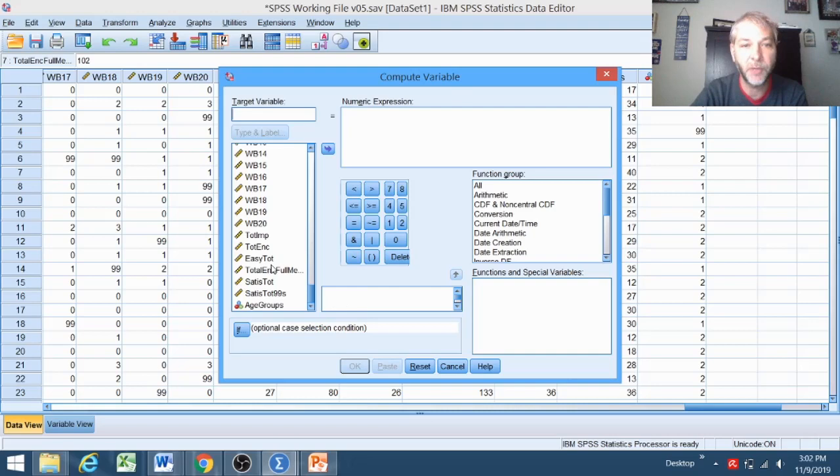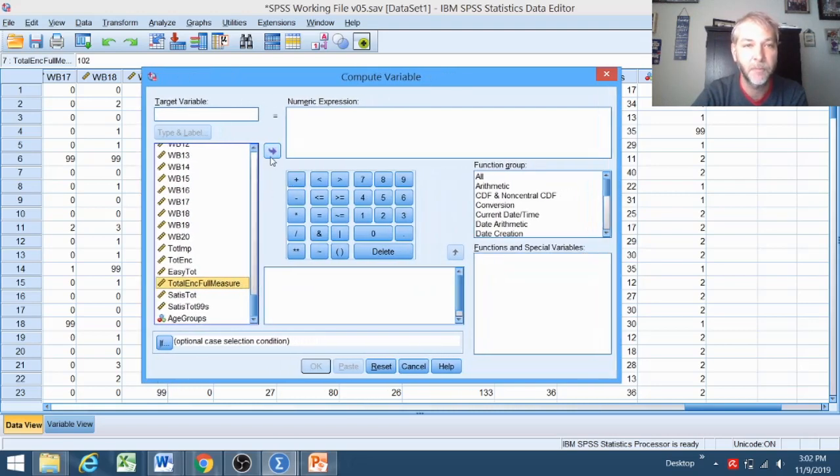So what I'm going to do here is take that total scores on that full encouragement measure. I'm going to bring it over here. And then I'm going to tell SPSS that I want to take each individual participant's scores in that measure, or that summed score, and I'm going to put the plus, and add 10 points to everybody, right?